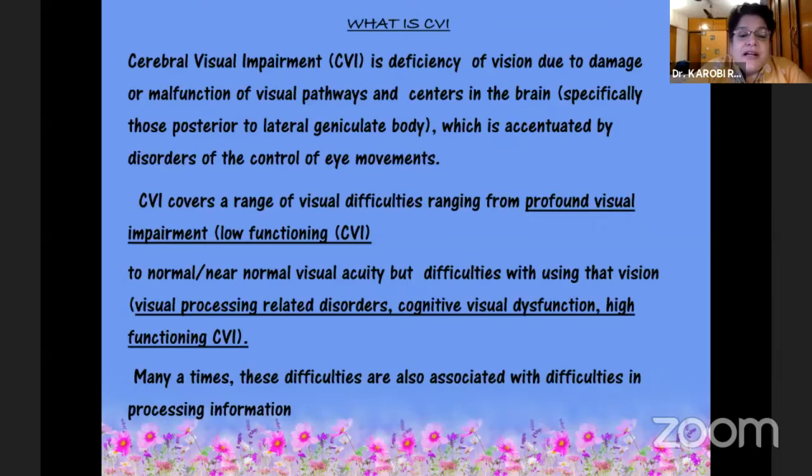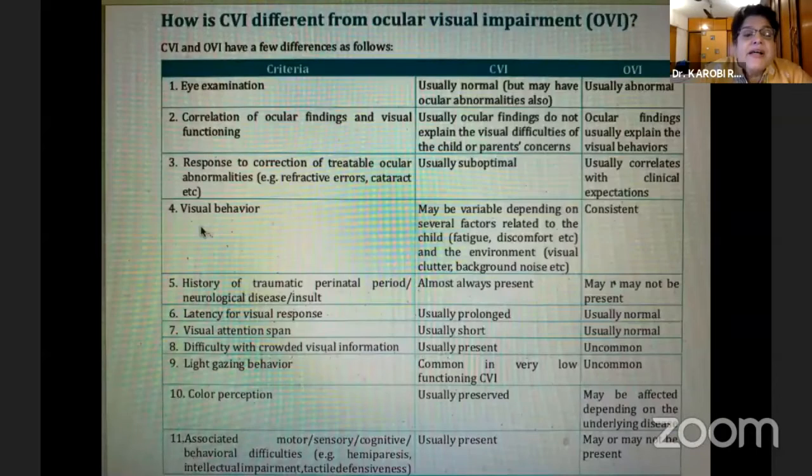Now, CVI covers a range of visual difficulties, ranging from a low functioning CVI where there is profound visual impairment, to a high functioning CVI where there are vision related or processing problems, and cognitive visual malformations where there is normal to near normal visual acuity, but the problem is using that vision. Many a times these difficulties are associated with difficulties in processing information.